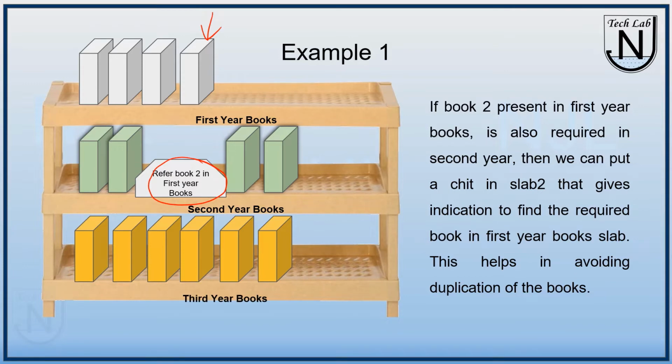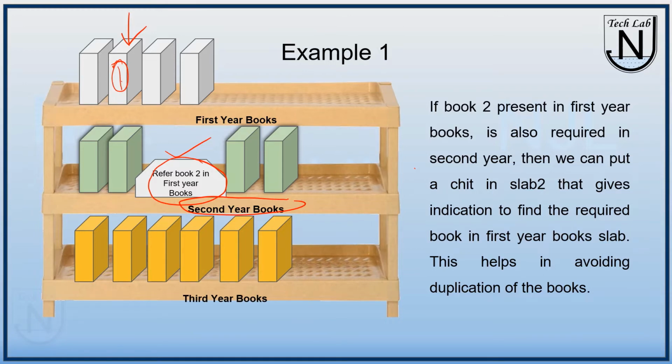If a person is looking for the books that are used in the second year, then in the rack of the second year, one may put a simple chit that says refer book 2 in the first year, meaning this book. It simply indicates that this book is also part of the second year.